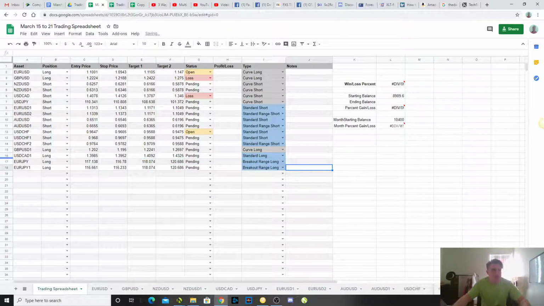So what makes these breakout range longs is this would be the swing high, the swing low, and then the breakout. So it's a range, and it hasn't quite started trending in any direction really. So that's what gives it that breakout range status here.